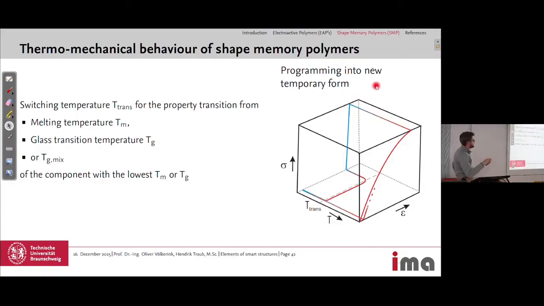So this is the way to program a temporary form. And the transition temperature depends on the melting temperature and the glass transition temperature, or is a mixed temperature, and it's defined by the component with the lower Tm melting temperature, or Tg.